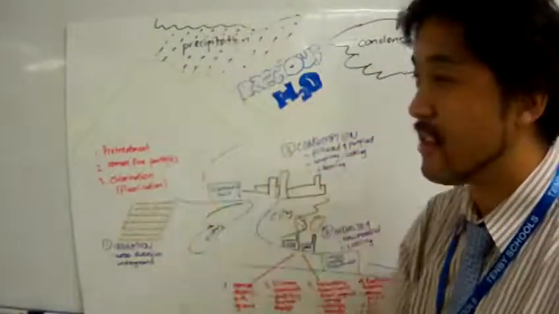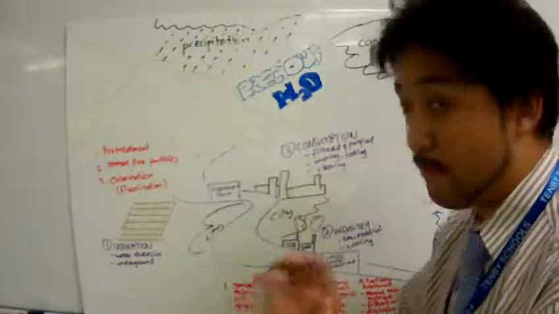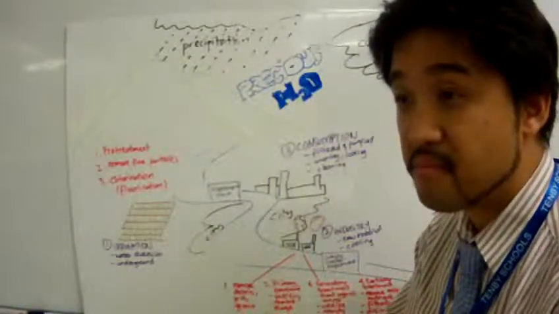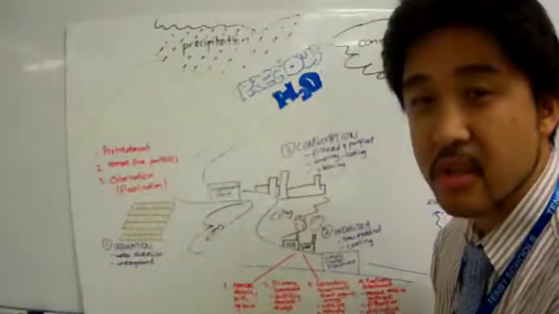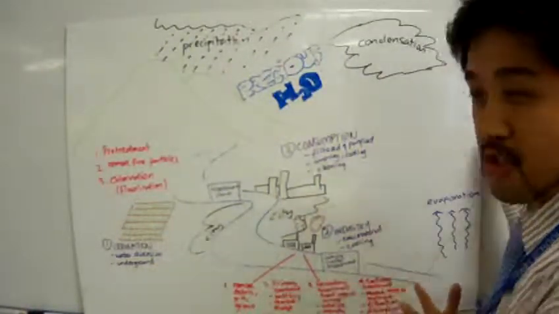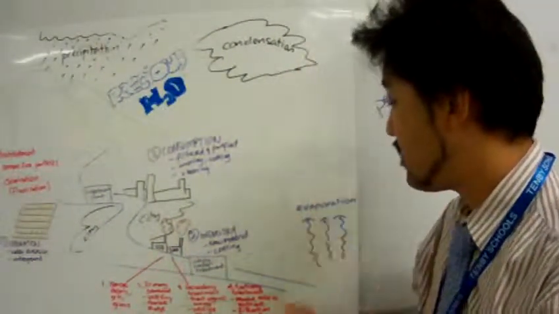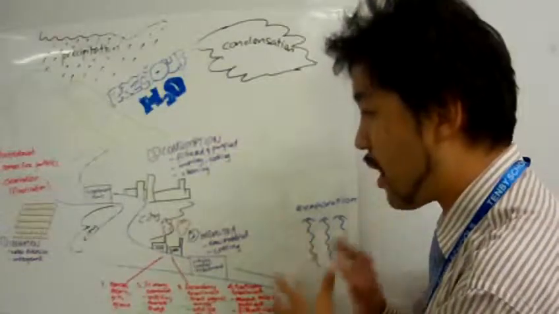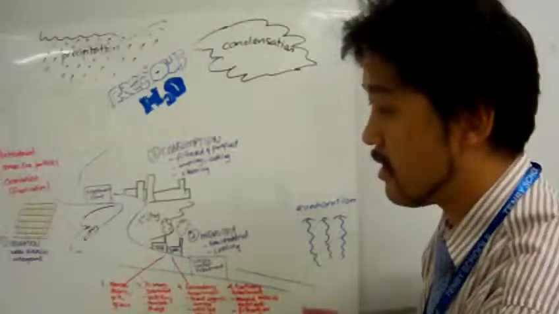Now, being a cycle, there is really no one starting point. But we're going to start where all water gets collected eventually, the ocean. The ocean is where bodies of water get collected from upstream mountains all the way downwards, okay?